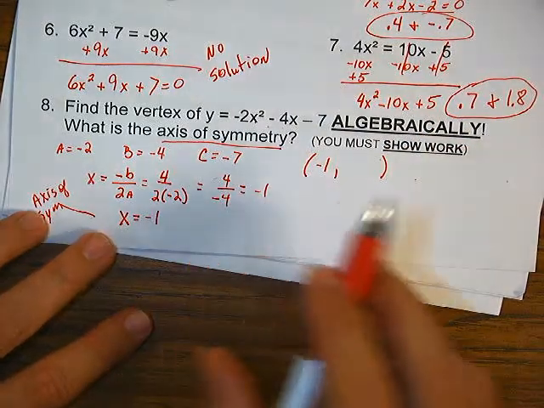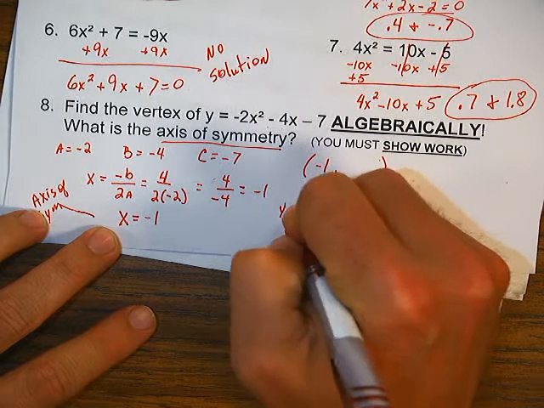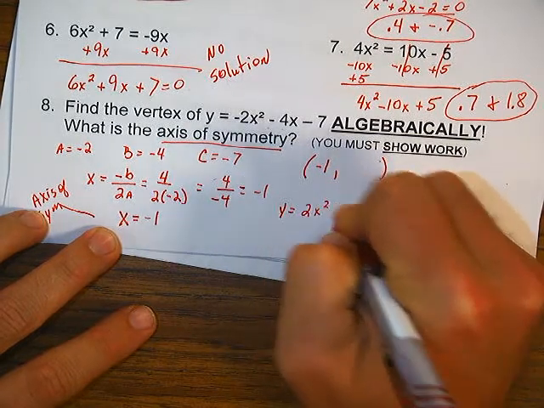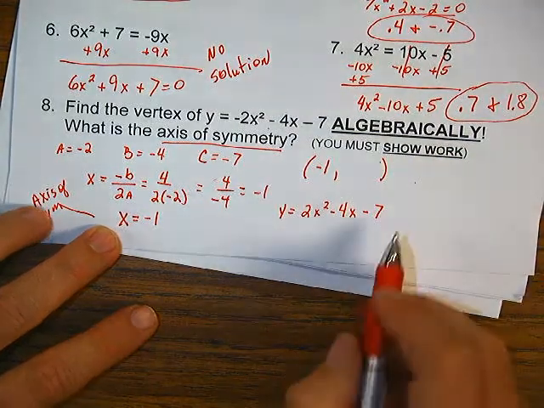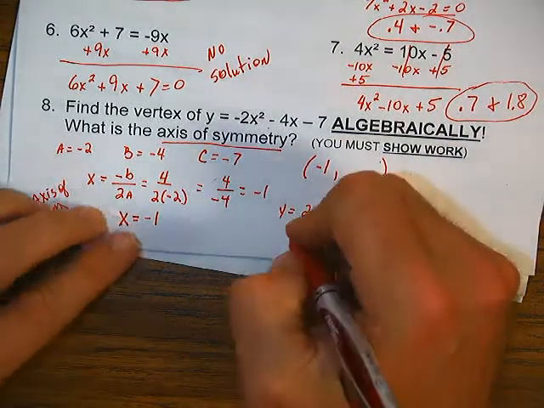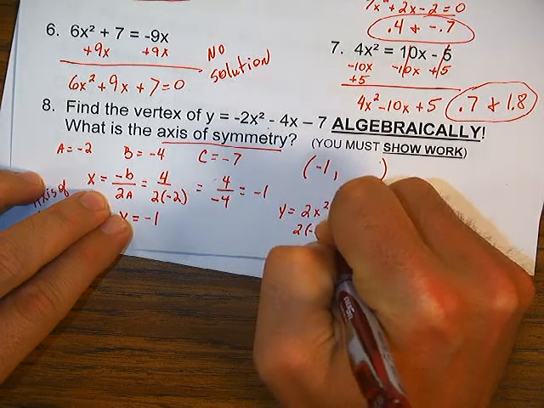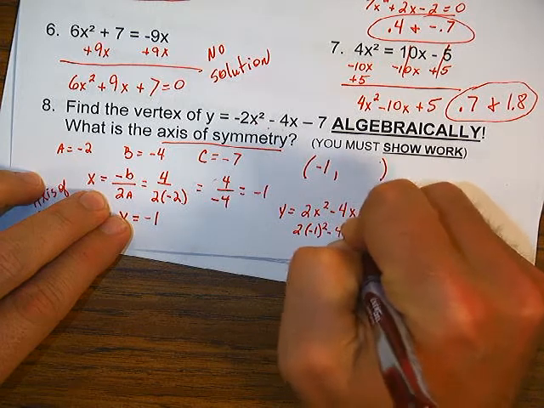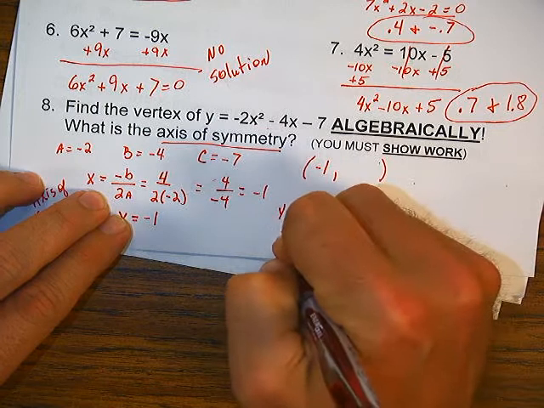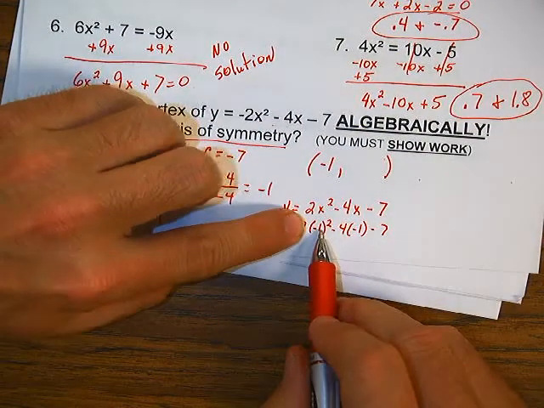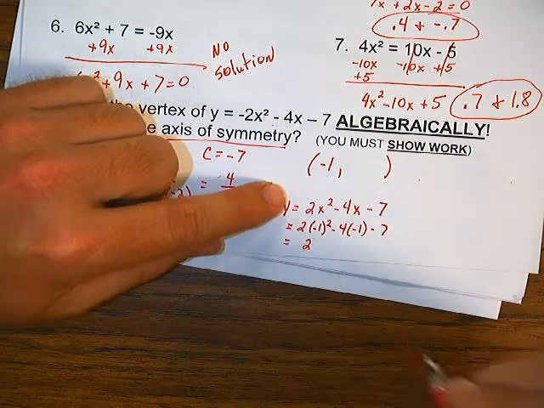Now we need to find my y when x is negative 1. So take the equation, and substitute negative 1 for x and solve for y. Negative 1 squared is 1 times 2 is 2.